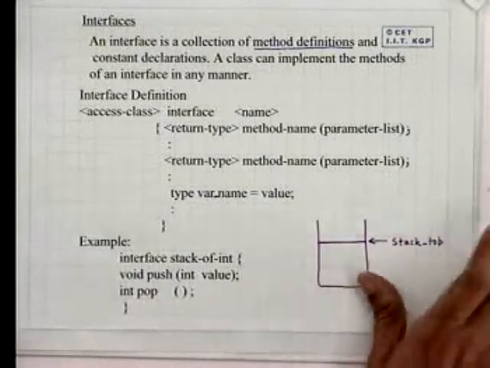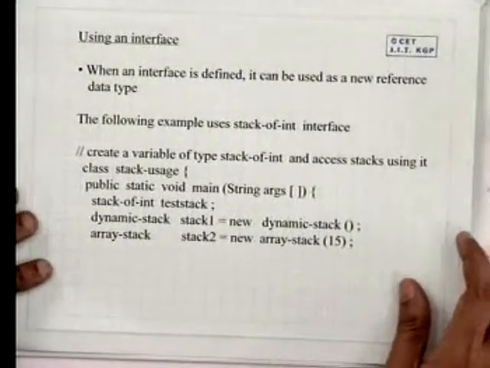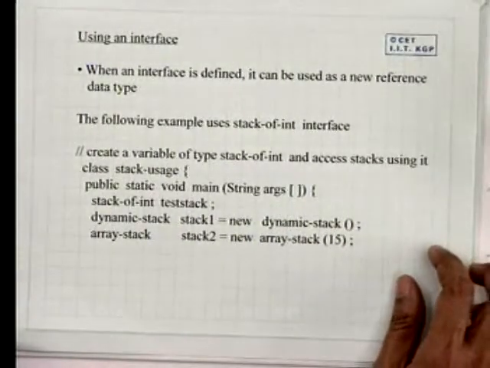Now let's take an example. How do we use this interface? What is the use? We have defined an interface, as we have mentioned, in this case stack, and the stack has two operations, push and pop. So when an interface is defined, it can be used as a new reference data type.